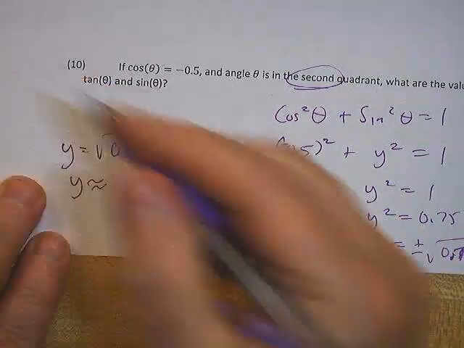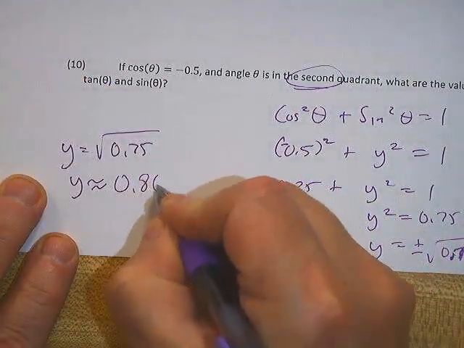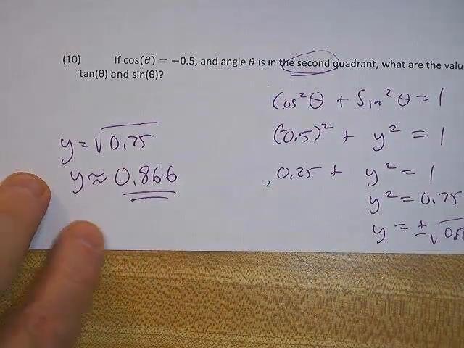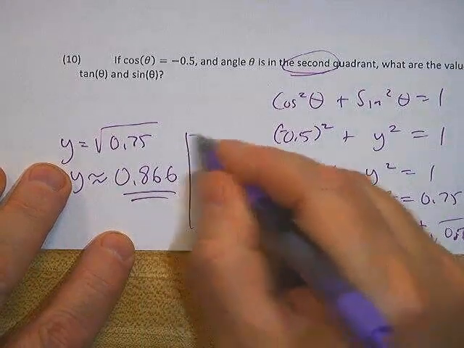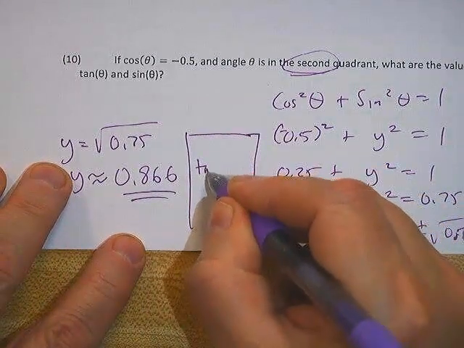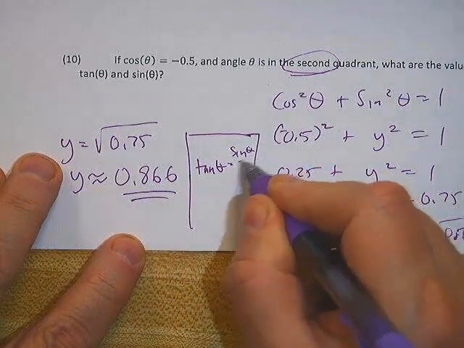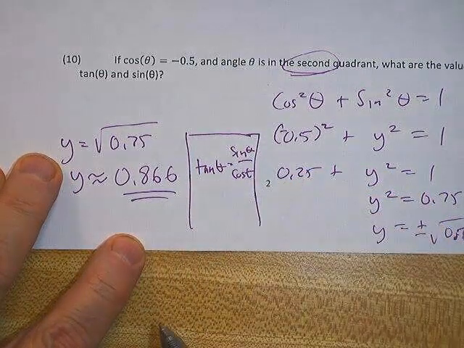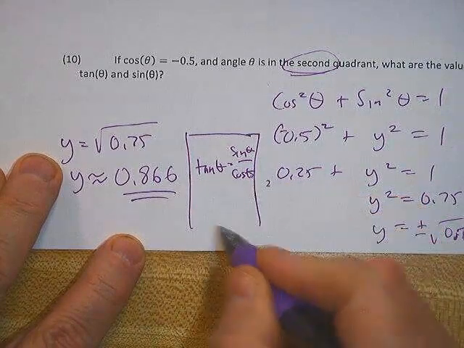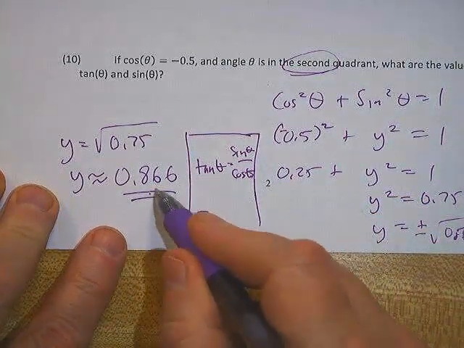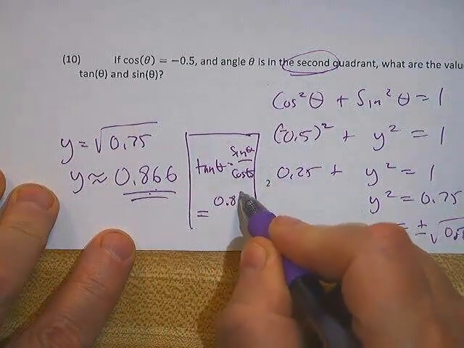So we end up with 0.866 as our approximation for y. For tangent, it is equal to our sine answer divided by our cosine answer. So our sine answer is 0.866.